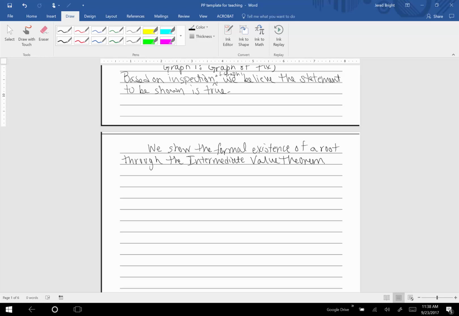To use the intermediate value theorem, and yes, I'm going to write it out every single time, value theorem.